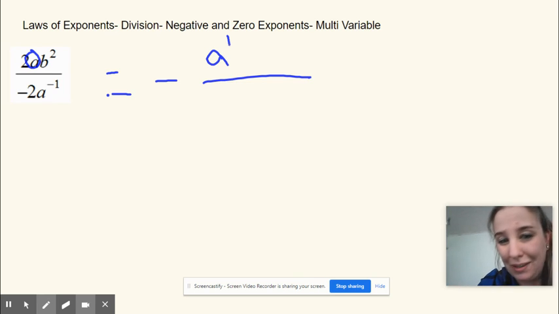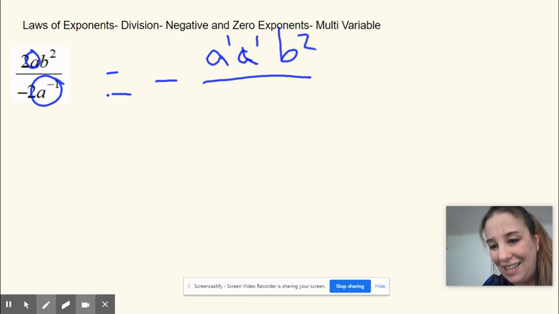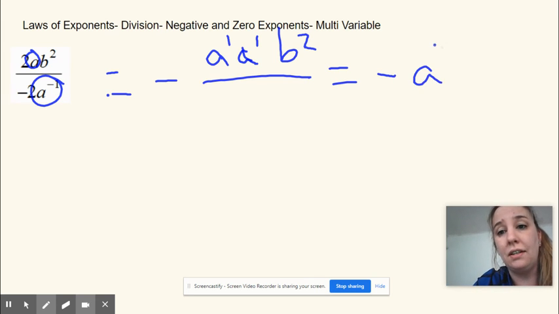I'm going alphabetically to keep my head on straight. This guy is not okay, so I bring him up and make him positive. And then the b term is just hanging out by himself. Now I need to take this one step further and clean it up. It doesn't need to be a fraction anymore because there's nothing in the denominator, but it is negative. A to the first times a to the first is a to the second. B to the second just comes on over.